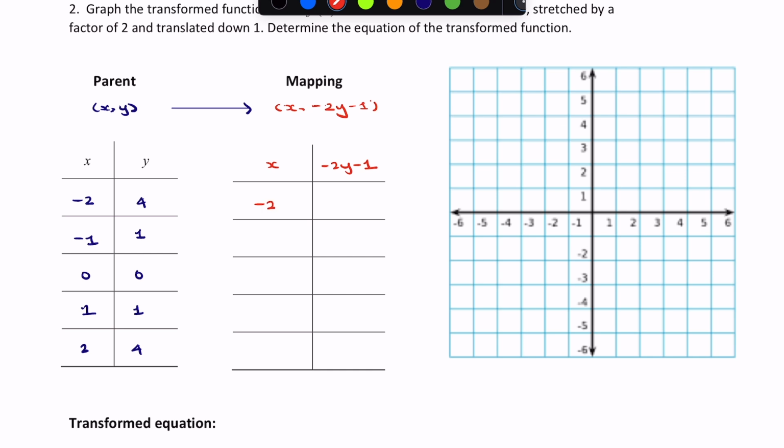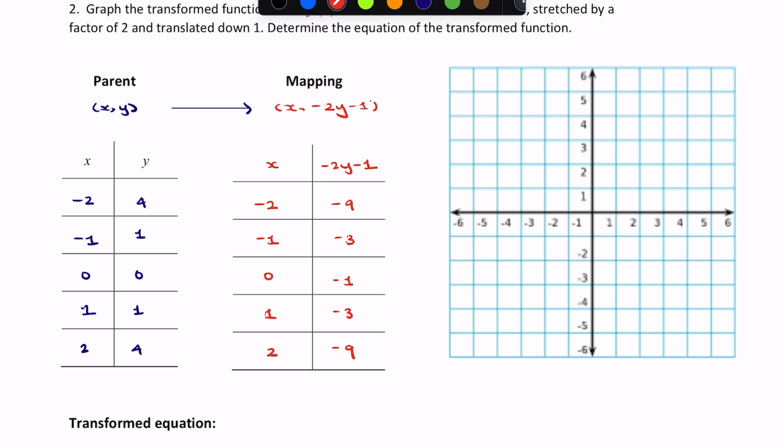So for x we have negative 2, negative 1, 0, 1, and 2. For our y values, we'll multiply by negative 2 and then subtract 1. So here we'll get negative 9, negative 3, negative 1, negative 3, and negative 9.